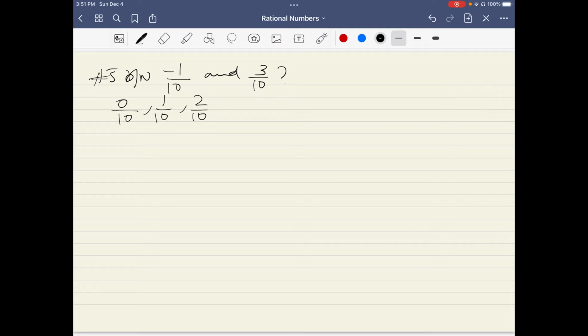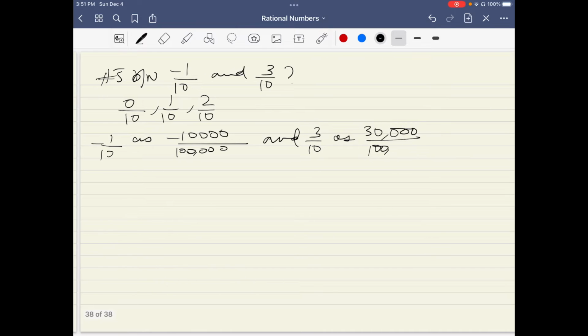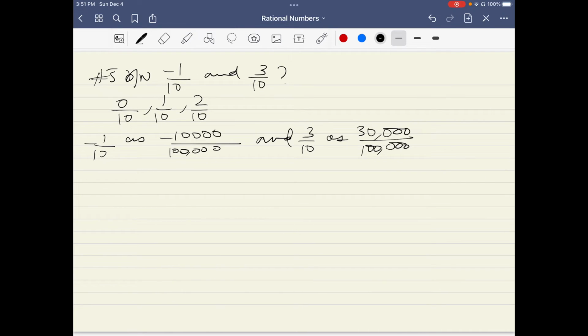But if we, again, write minus 1 over 10 as minus 10,000 over 100,000, and 3 over 10 as 30,000 over 100,000, then we see way more rational numbers between minus 1 over 10 and 3 over 10, right?